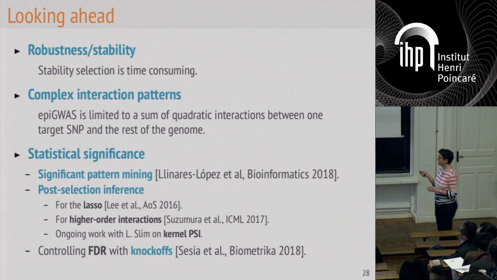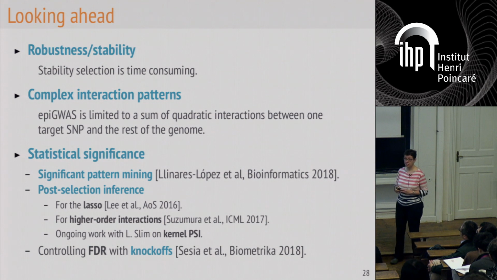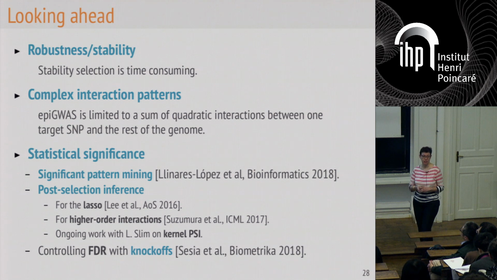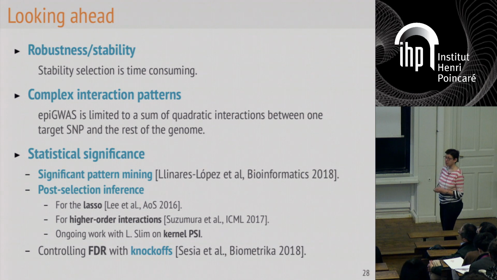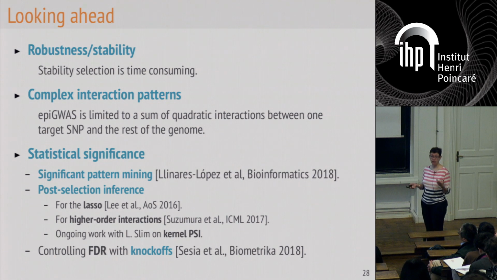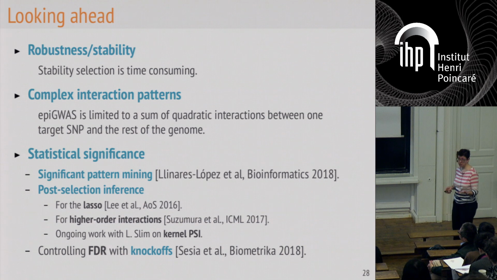There's one big thing I haven't talked about at all, which is statistical significance. You can't really talk with biologists if you can't bring them p-values. So how significant is it that you have selected this or that variable in your model? The approaches I've presented so far, as of yet, we don't know how to answer those questions.